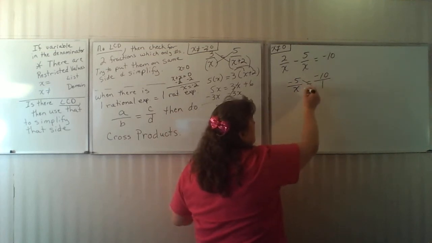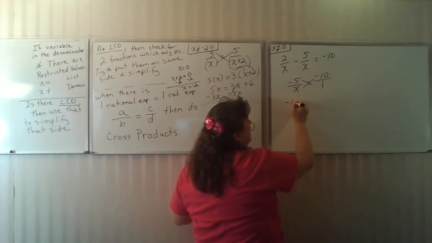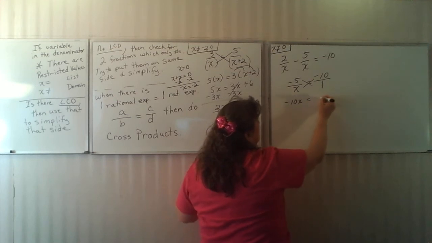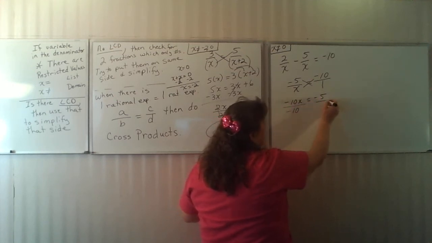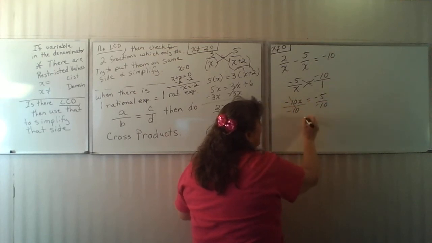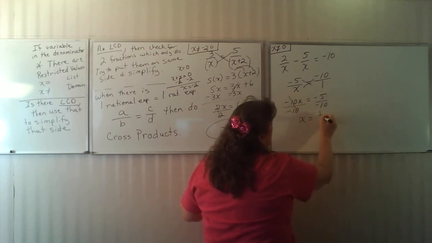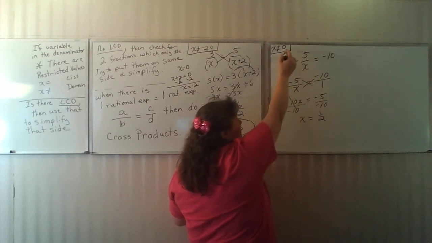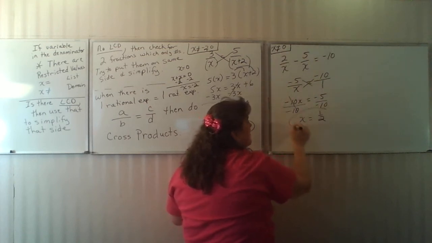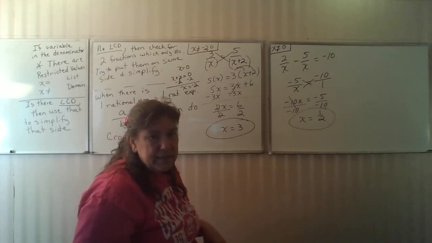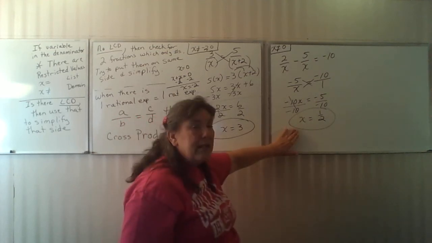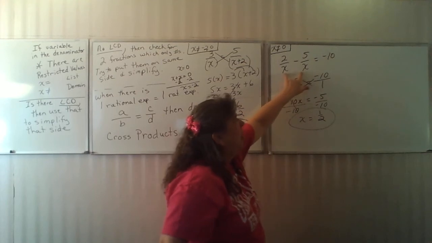And now we're going to do cross products. Gives me negative 10x is equal to negative 5. Divide by my negative 10, and I end up with x is equal to 1/2. Is 1/2 part of my restricted values? No, so therefore it is a valid answer. So as you can see, this is the second form where I had common denominator.